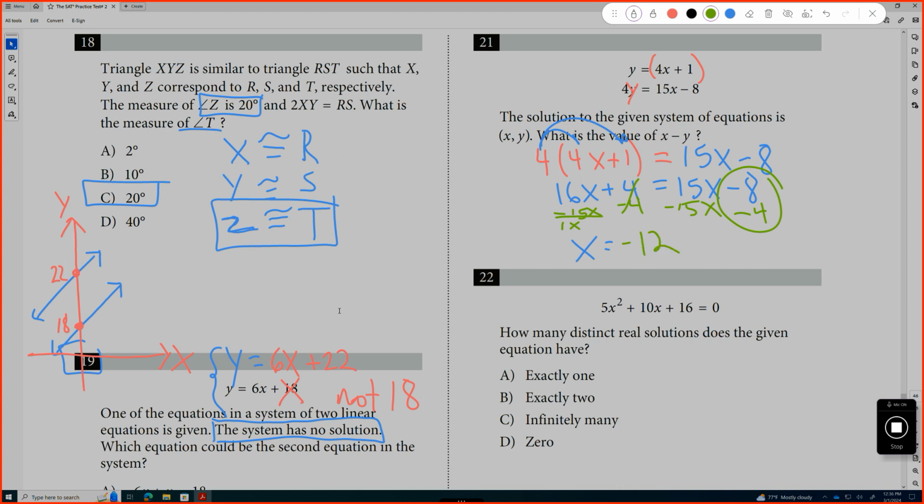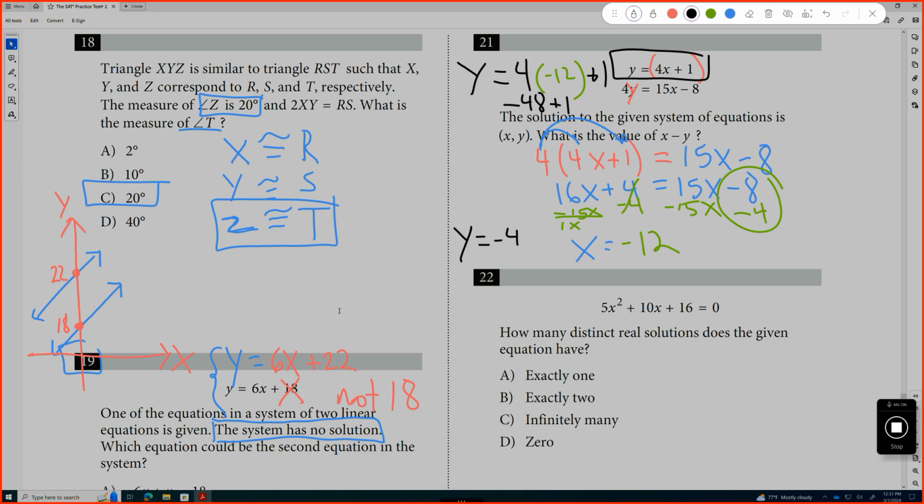Now I need to find y. Using the same equation that is already solved for y, I need to plug in negative 12 instead of x. 12 times 4 is 48, negative, so negative 48 plus 1, y is equal to negative 47.